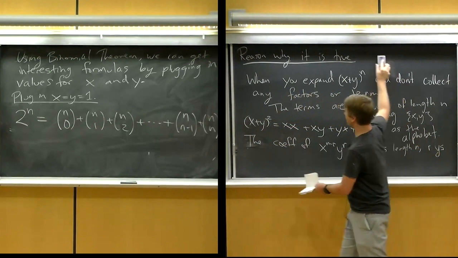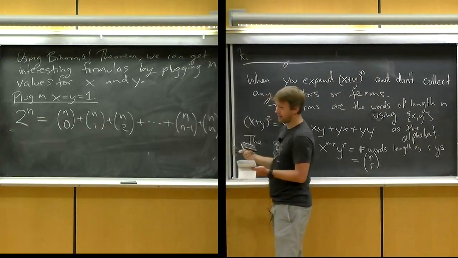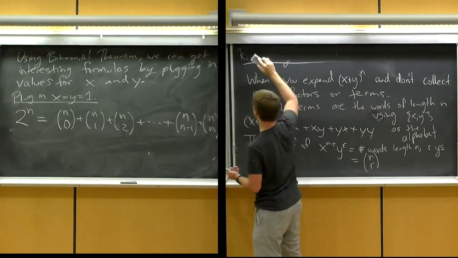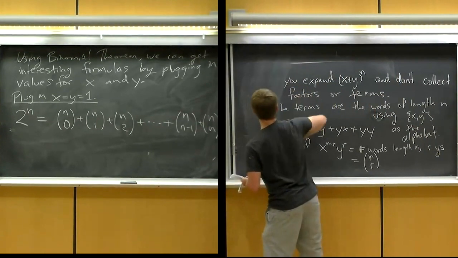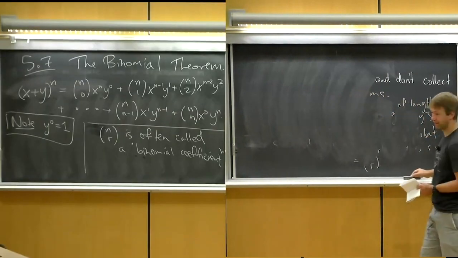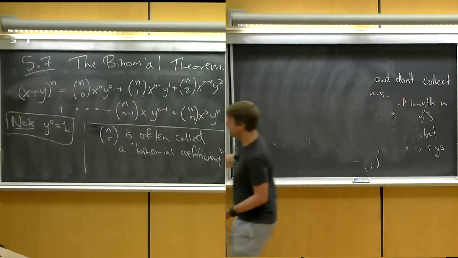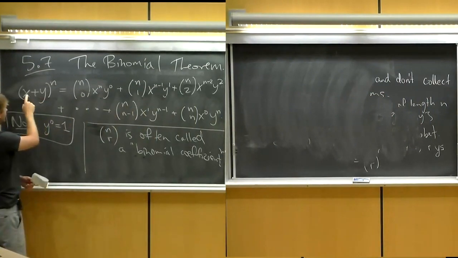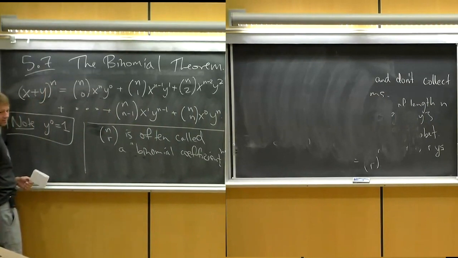Another interesting one is, what if I plug in x equals 1 and y equals negative 1? How do I get the 2 to the n? That's plugging in on this side of the equation, so just 1 plus 1 to the n.